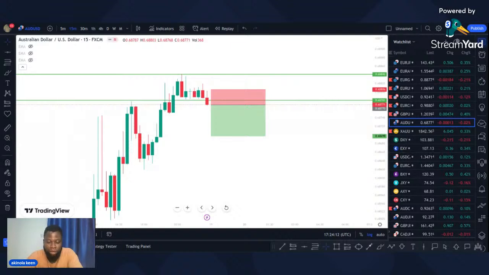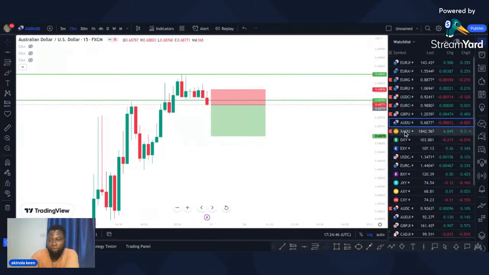So let's check another USD pair, like USD CAD.